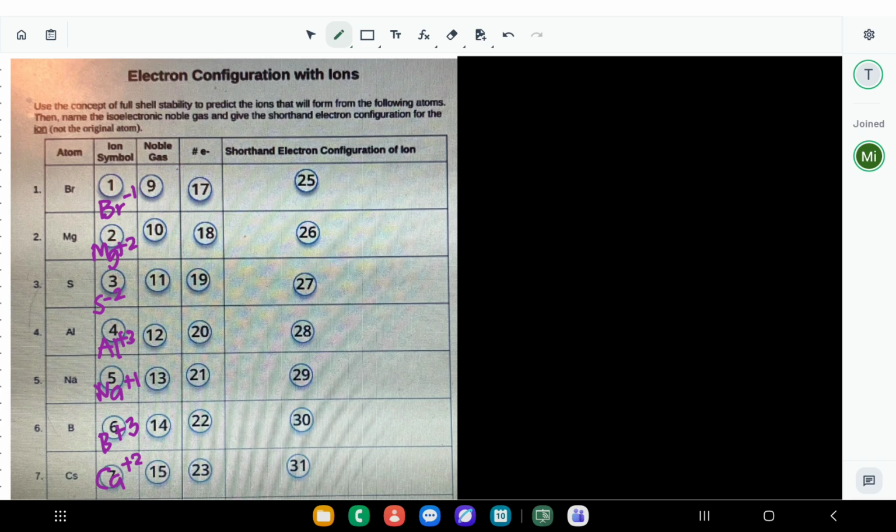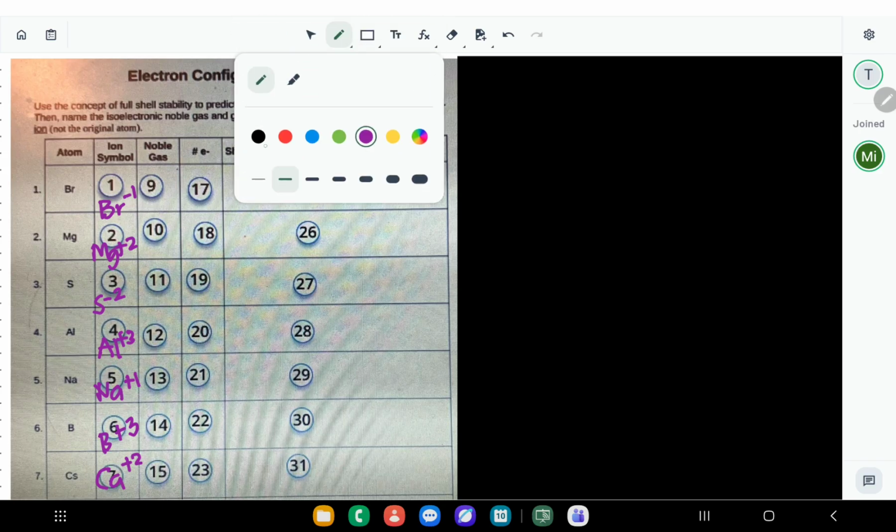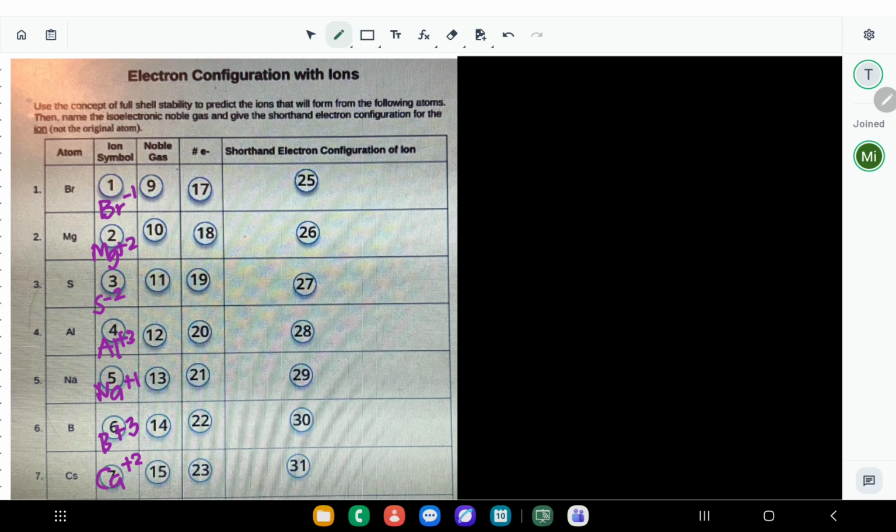Let's find out first the number of electrons, or the atomic number, of bromine. Sorry, bromine. It's 35. Then +1, because the ion is negative, so that is 36, the number of electrons for the ion.